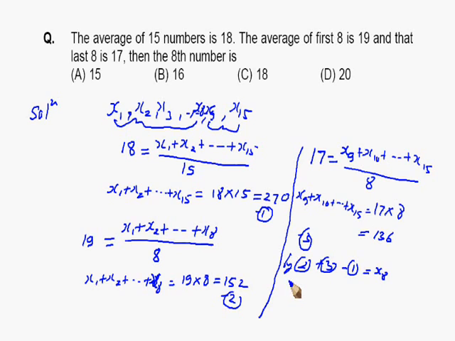The second is 152, the third is 136, minus the first equation, that is 270, we get x8, which comes to be 18. So option C is correct. Now we move to the next question.